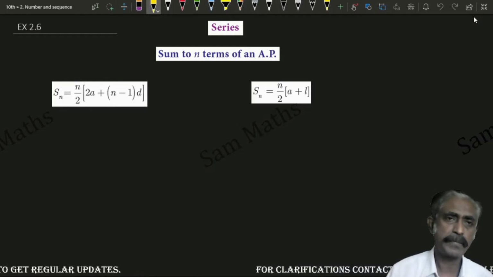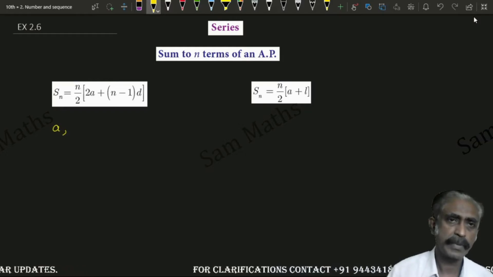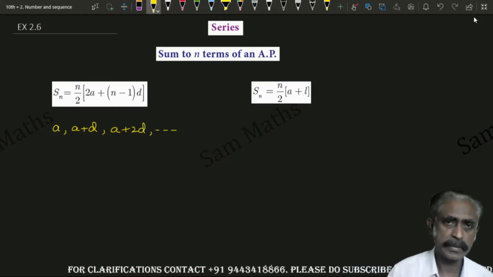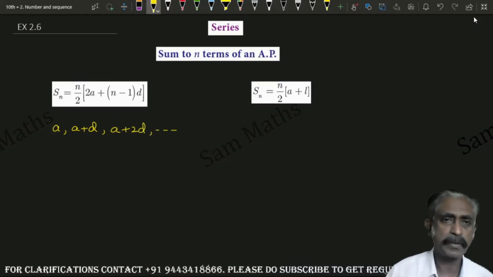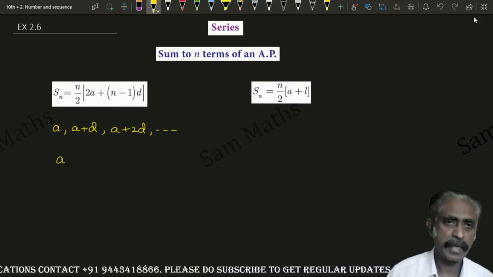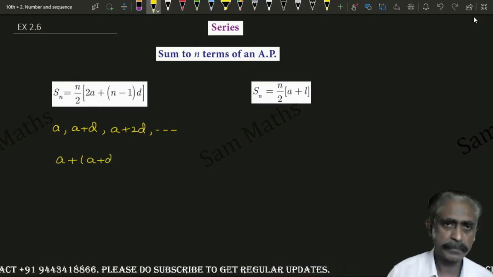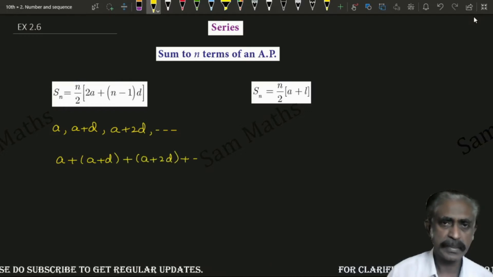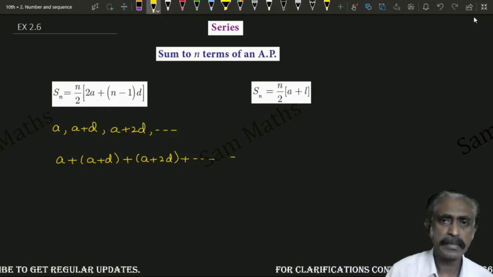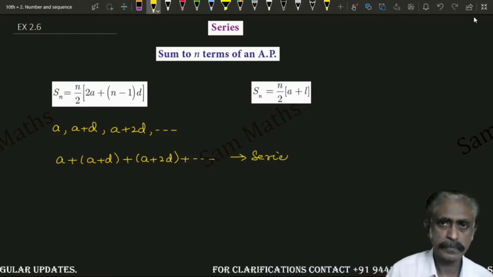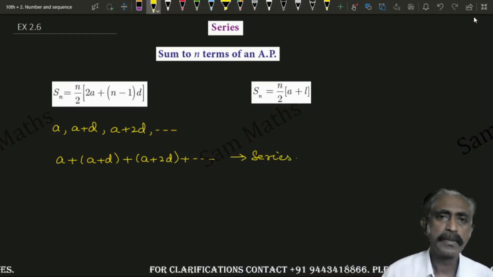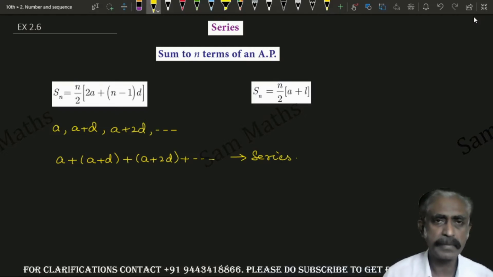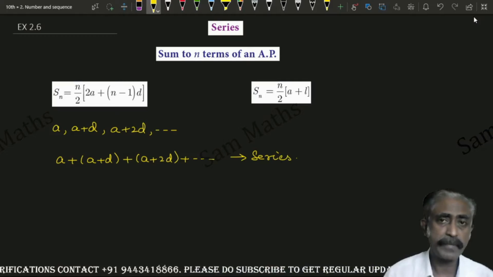The general form of an AP is A, A plus D, A plus 2D, etc. The same thing, if you are going to put in summation, A plus (A plus D) plus (A plus 2D) plus etc. This is known as series. Clear, children? So, we can find the sum of the series, sum of n terms.